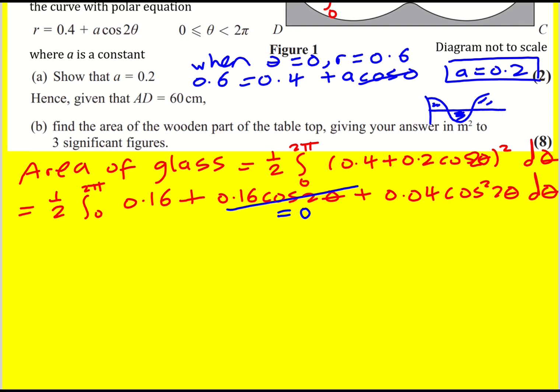Now to integrate cos squared. This is one that you see so many times in further maths especially, but also quite often in maths A level. Double angle formulae: cos 2a is identical to cos squared a minus sine squared a.